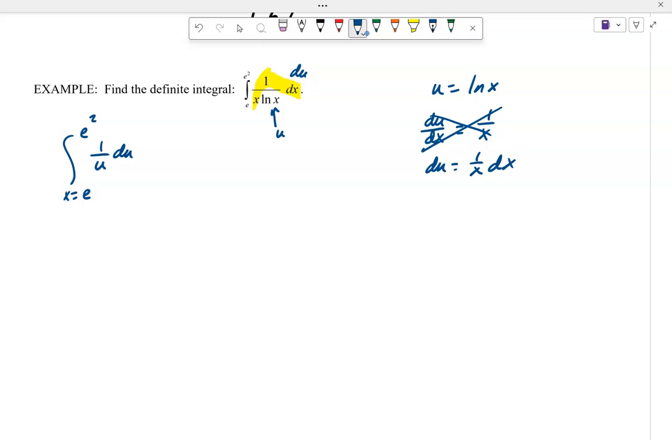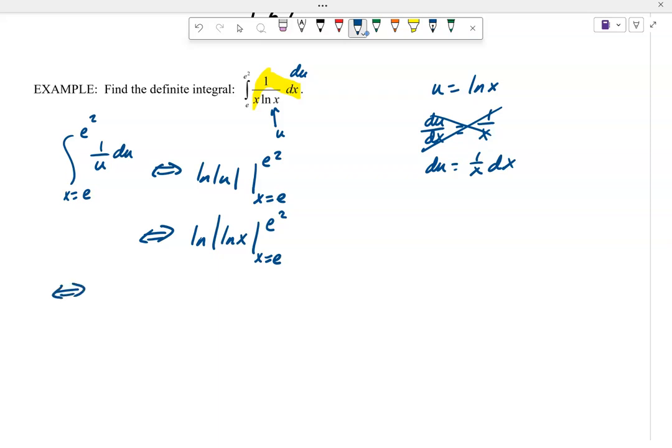The integral of 1 over u is the natural log of the absolute value of u, from x being e to e squared. Well, let's go ahead and replace our u. So we've got the natural log of the absolute value of the natural log of x from e to e squared.